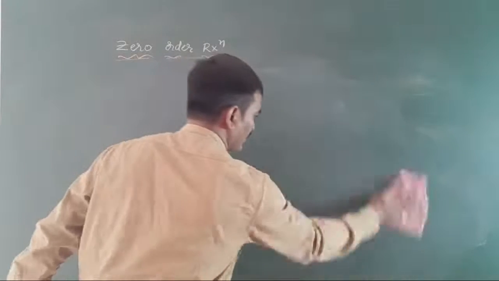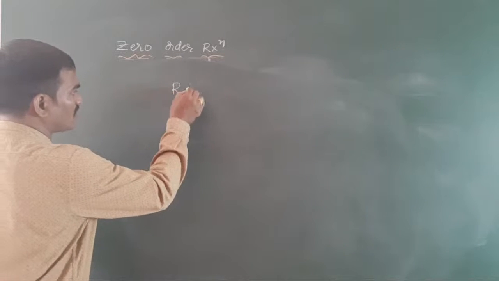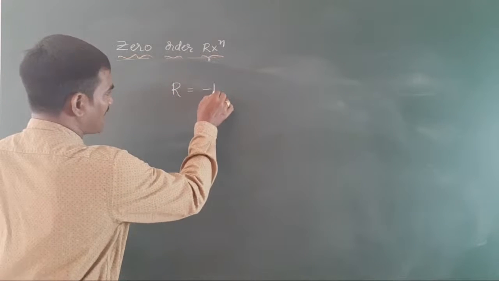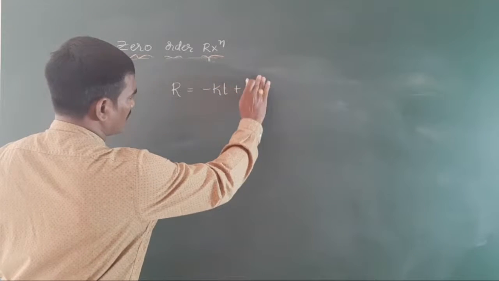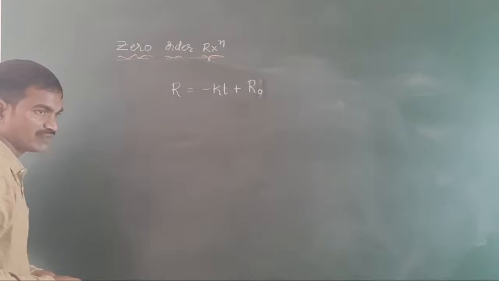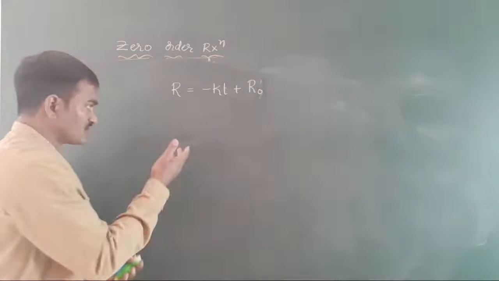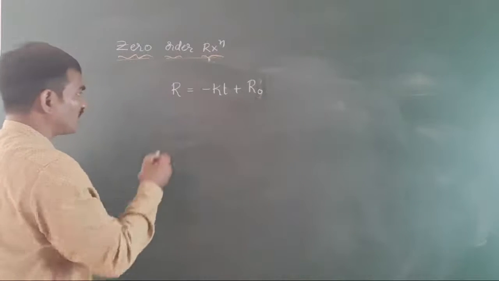Now here see the next graph. You know very well R is equal to minus KT plus R naught. Now we are going to plot the graph for this one. So you know very well y is equal to mx plus c.